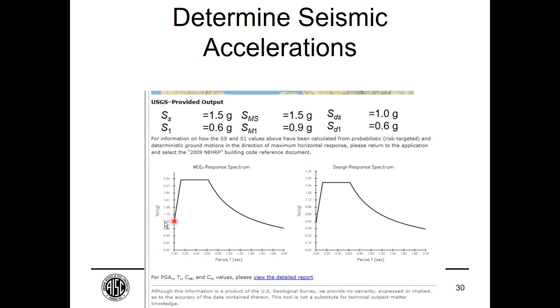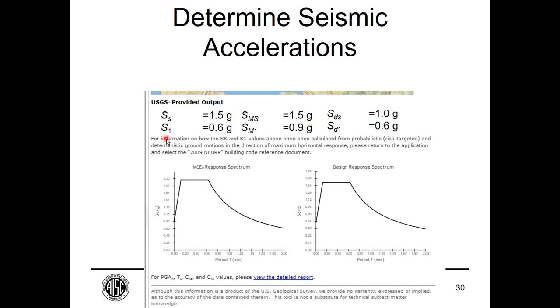The USGS website application gives you a spectrum for the maximum considered earthquake and for the design response spectrum. And that's typically what we look at in the code-based design. 2/3 of this maximum considered earthquake is the design response spectrum, and that's what we select our values from. I've just magnified the values given here to make them more legible.